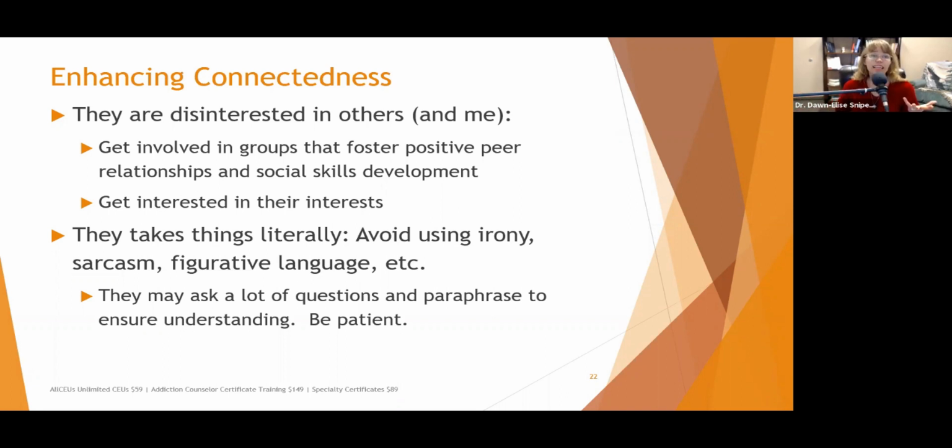When they take things literally, avoid using irony, sarcasm, or figurative language. And remember that they may ask a lot of questions. So when they do, paraphrase to ensure that they are understanding what you're saying, and have them paraphrase: what did you hear me say? Or, you paraphrase their questions. Use good communication skills is what it comes down to.